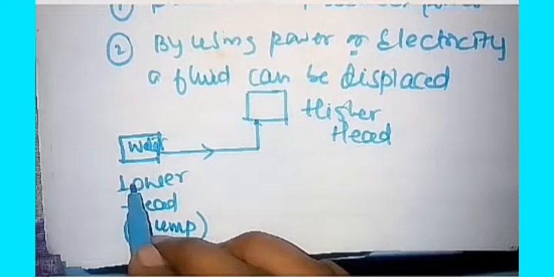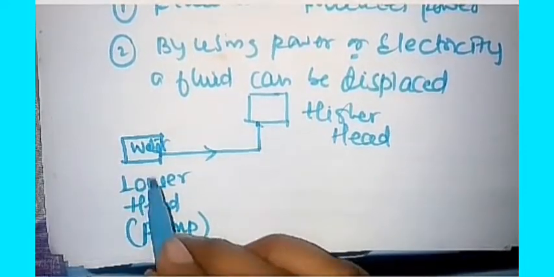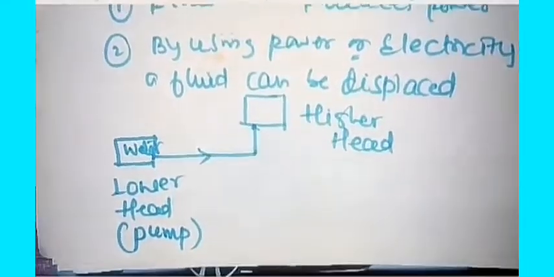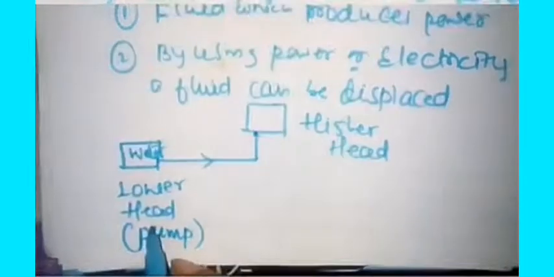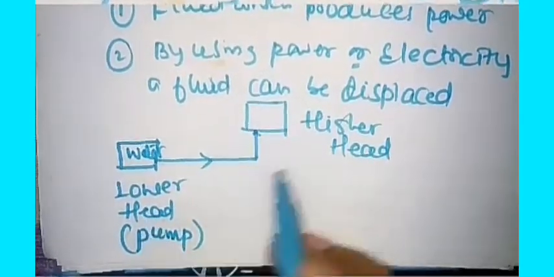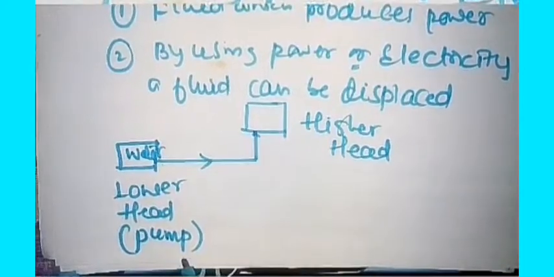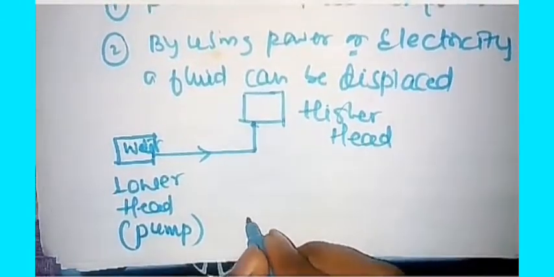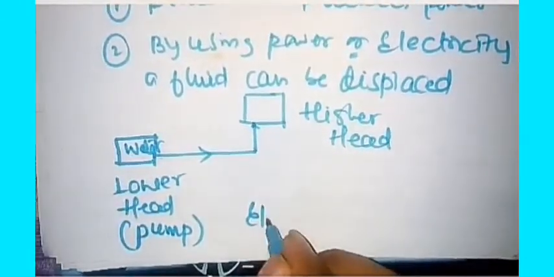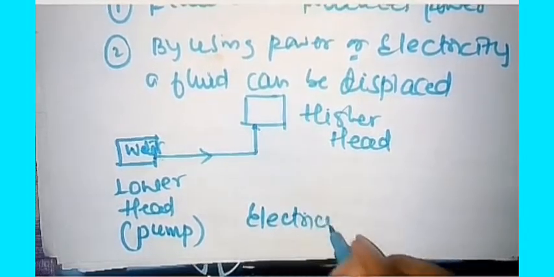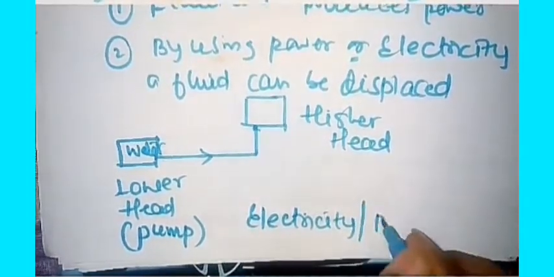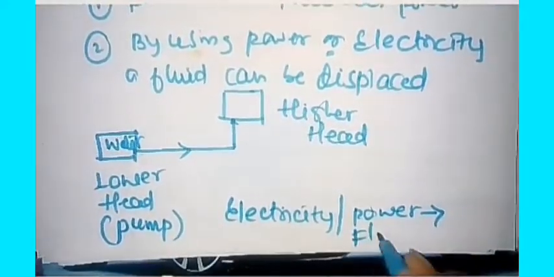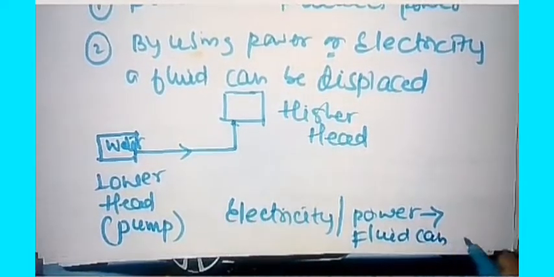As I said, in your houses, you can supply water from the ground floor to the first floor or second floor. In the same way, water can be supplied from a lower head to a higher head with the help of a pump. This pump operates with the help of electricity. With the help of electricity or power, fluid can be displaced.